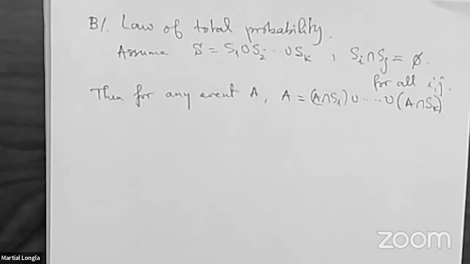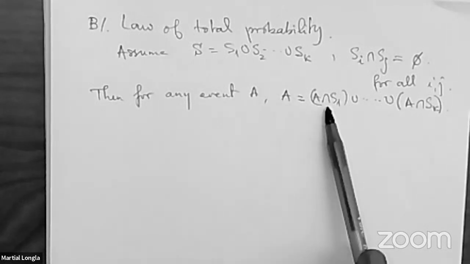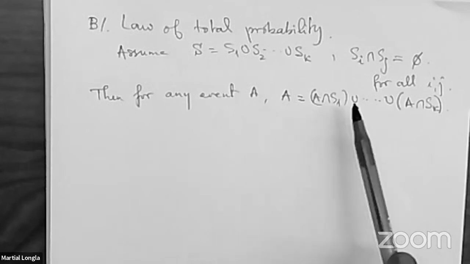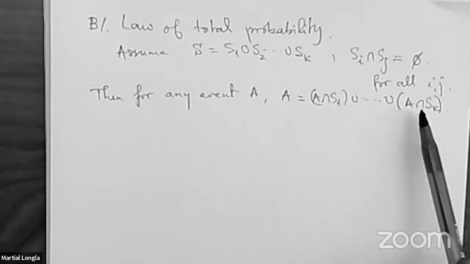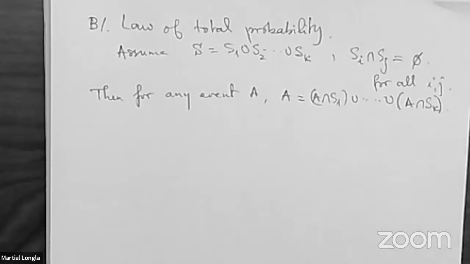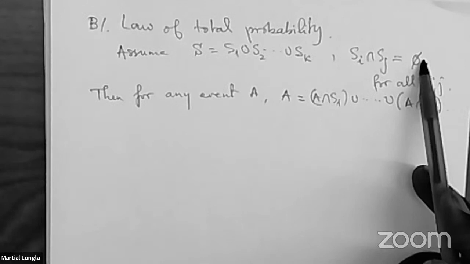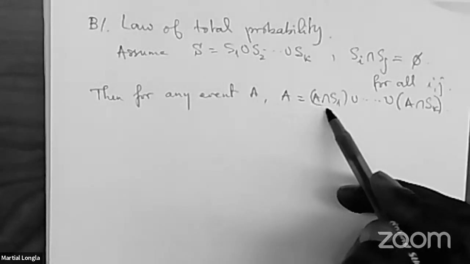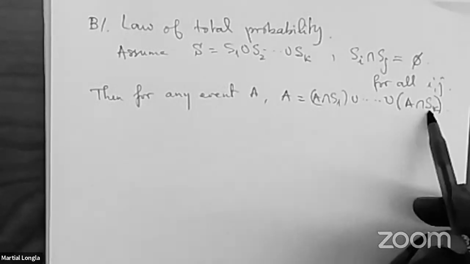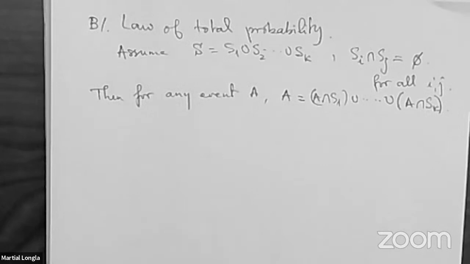That will be true because the event A is either in S1 or in S2 or in S3 or in Sk, or partially in each of them, right? And because Si intersection with Sj is empty, the intersection of any two of these sets is going to be empty.